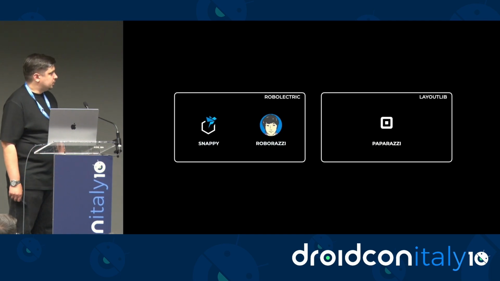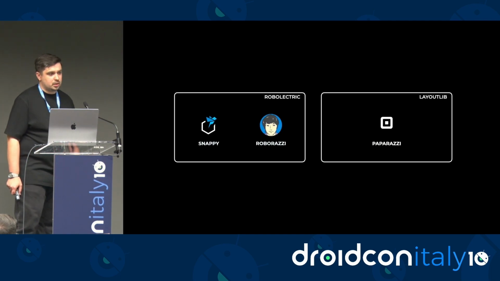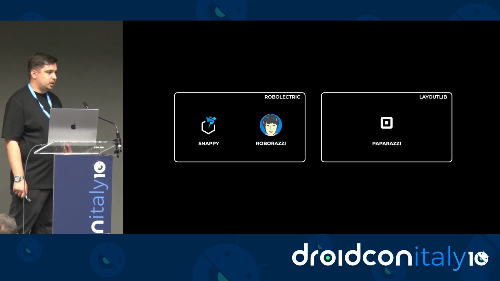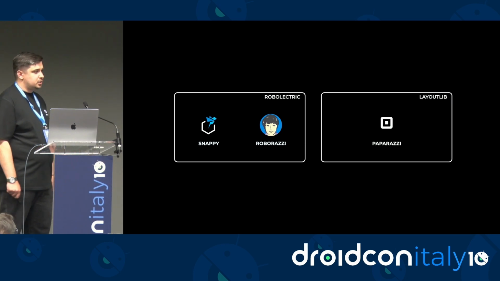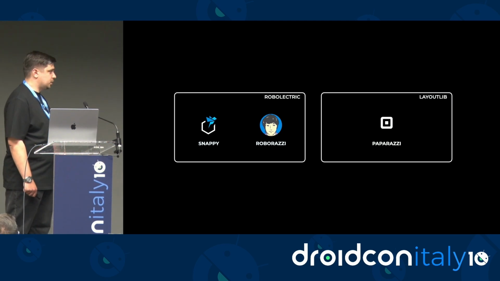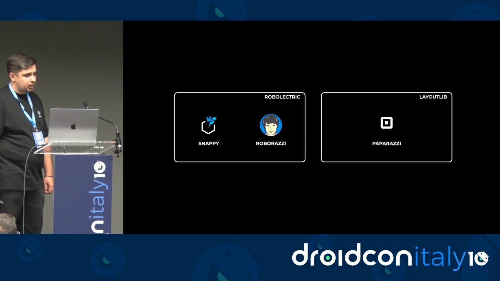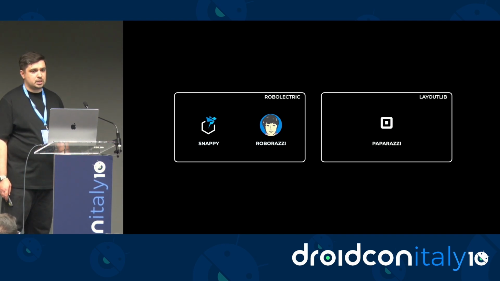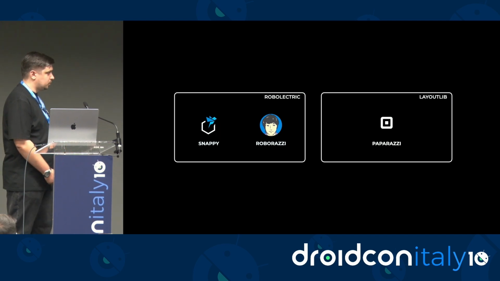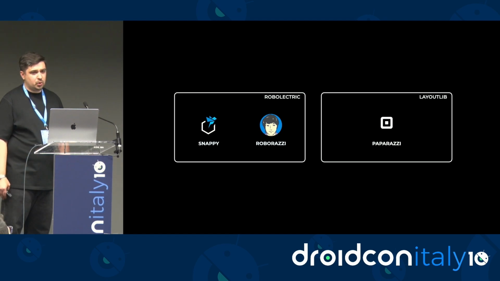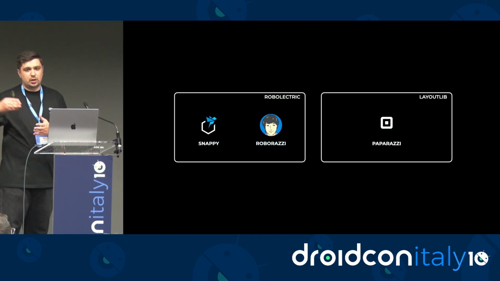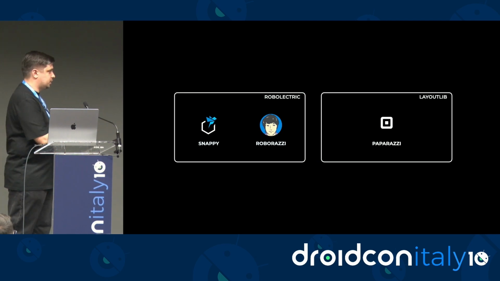So Snappy and the other one use Robolectric because recently Robolectric introduced support of native graphics, so it's possible to do such stuff. And Paparazzi uses Layoutlib. It's the same tool which is used inside Android Studio for taking a preview of composable or non-composable components. And if your component is not rendered inside Android Studio, the same result you will have in your tests.